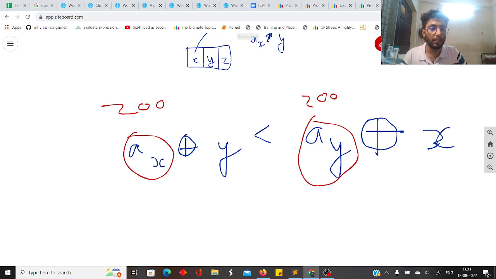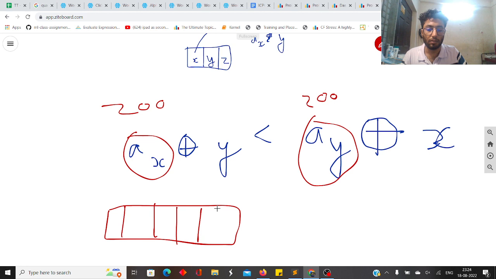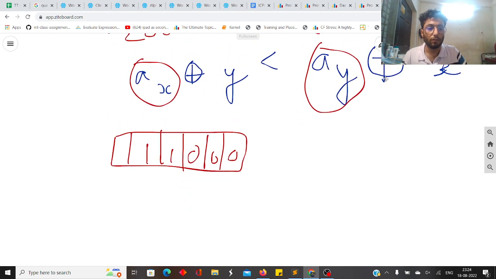What I mean by that is that suppose I have the binary representation of y as 1 1 0 0 0. This is the binary representation of y, and if I XOR it with x, if this bit is on in x, then my answer would get reduced by 2 to the power of the corresponding position of this bit.